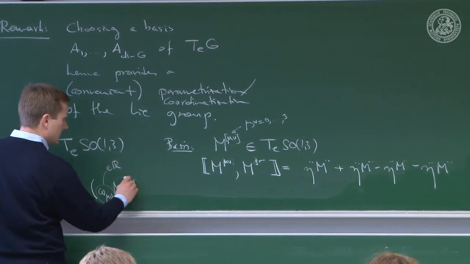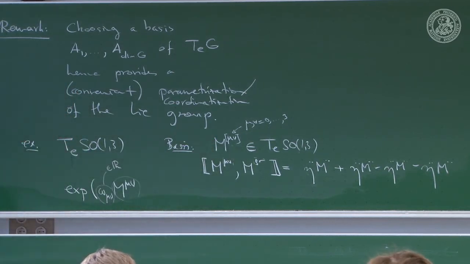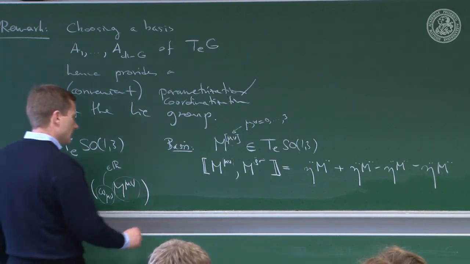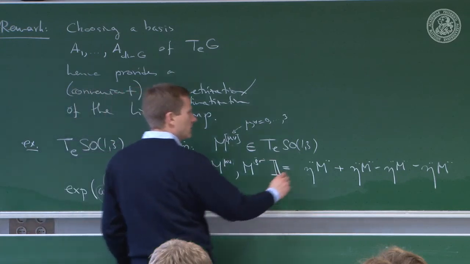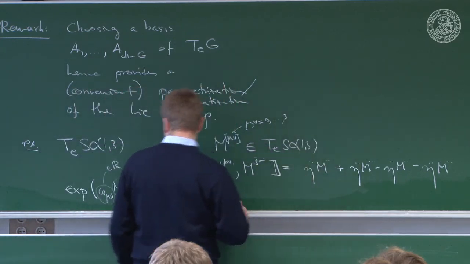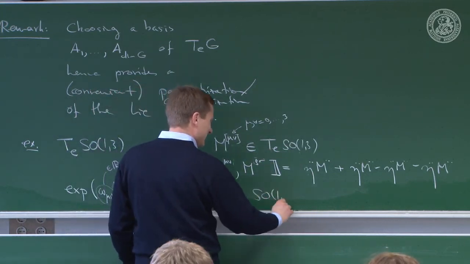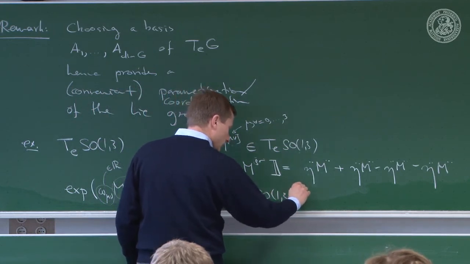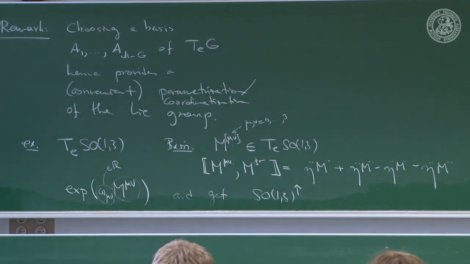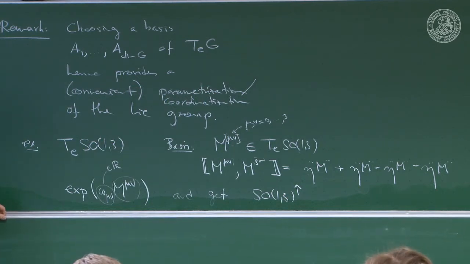And each of those guys is an element of the tangent space. And I can exponentiate those. And now I think, yeah, the only thing you get is you don't get back all SO(1,3). I think you only get back the orthochronous group, but please check this again. So where you don't have mirroring in the time direction, where you keep future pointing vectors future pointing.